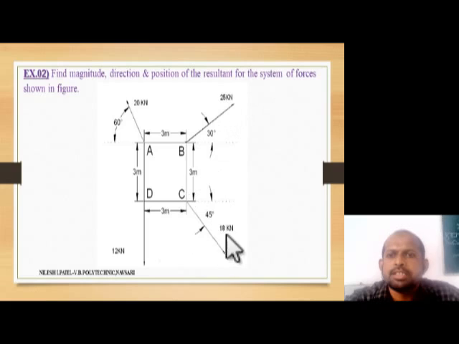At point C it is 18 kilonewton, and at point D the force is vertical and its value is 12 kilonewton. So these are the system of forces shown in this figure.